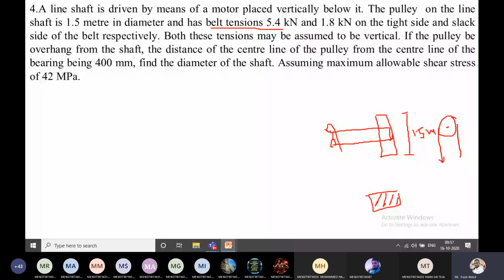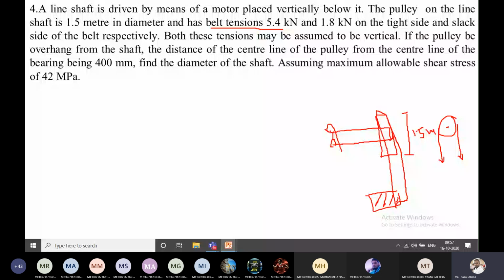So this is T1, this is T2. T1 represents 5.4 kilonewtons. Why am I writing 5.4 for T1? Because the tight side has the maximum tension.